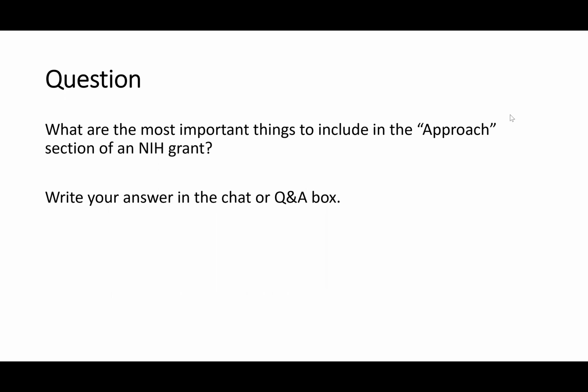Any other suggestions about alternative plans? Yes, and this is one of the trickiest and most important parts of an approach section. Dr. Hasinapour is going to get into this in more detail next week, but basically with the alternative plans, you preempt the reviewer and say, all right, what's going to be a likely critique?